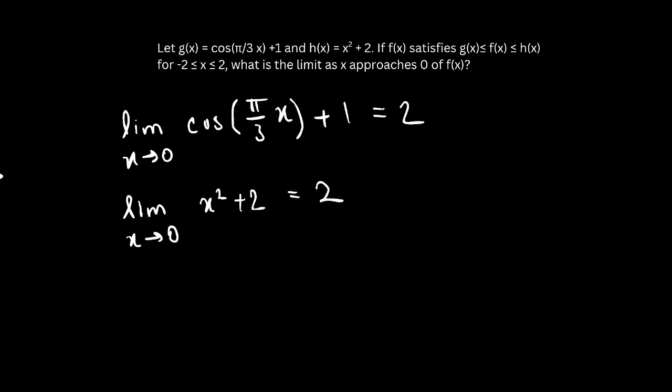They both equal 2. Because of this, by the squeeze theorem, we can say that the limit as x approaches 0 of our f of x, despite not being explicitly given the exact value of this function, is going to be equal to 2.